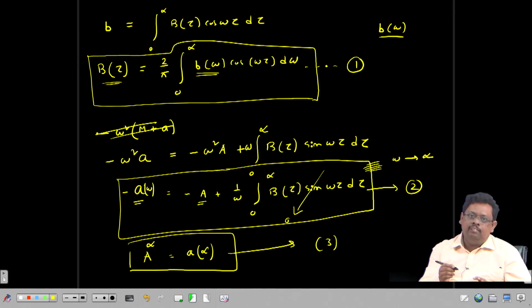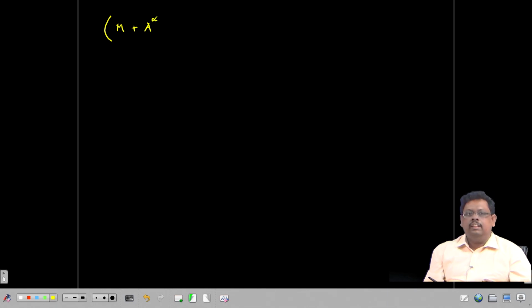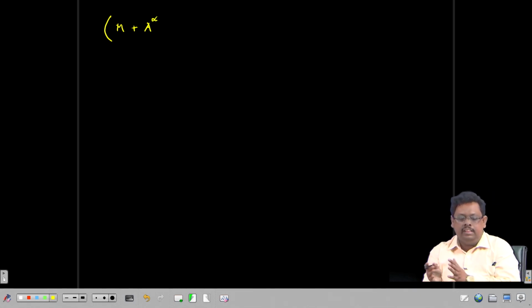Now I am able to write the equation of motion using the impulse response function. How does it look? The added mass is A infinity, as we found from the relationship.